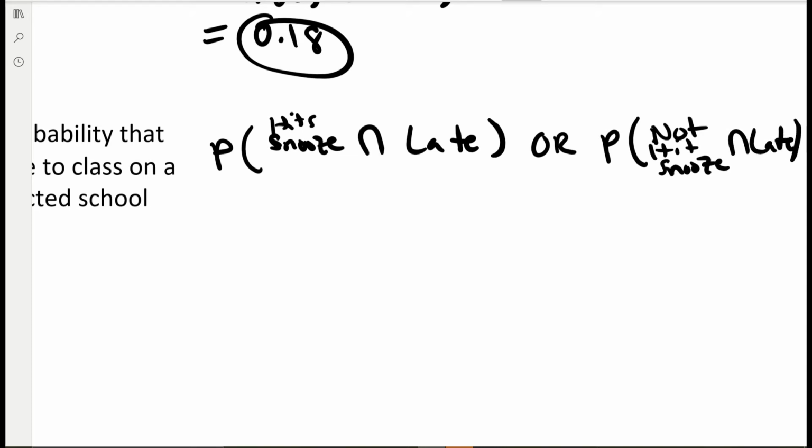So either one of those probabilities satisfies this, which means that if we're doing "or," we're going to add those probabilities.